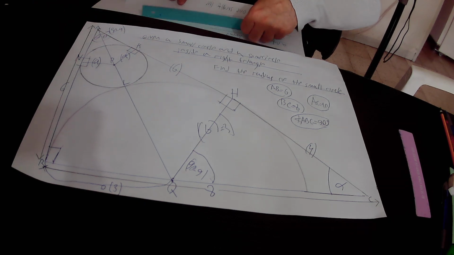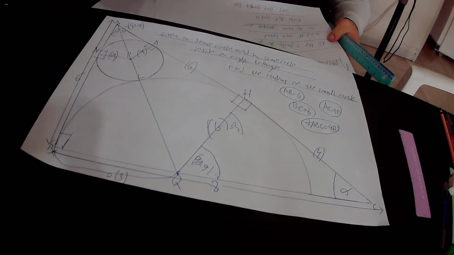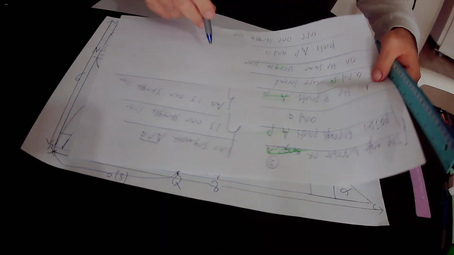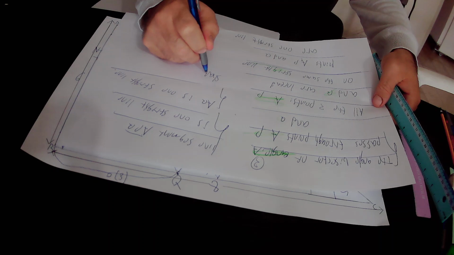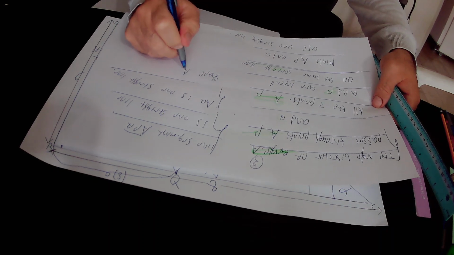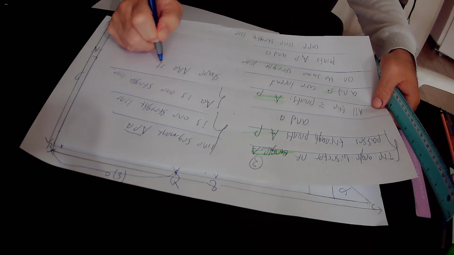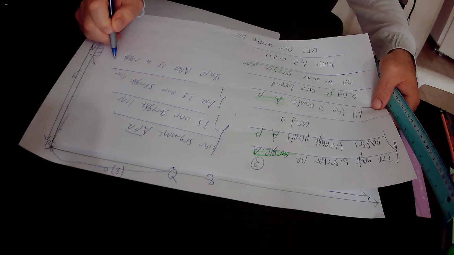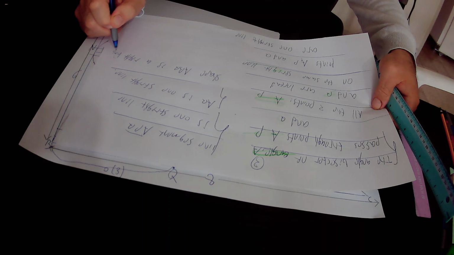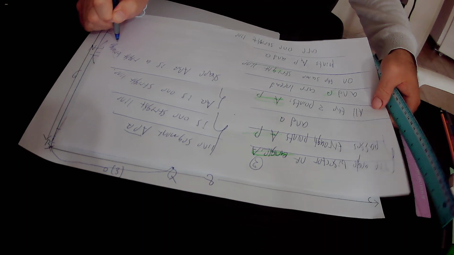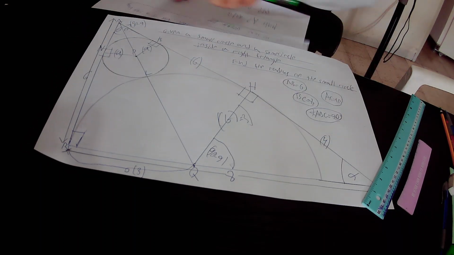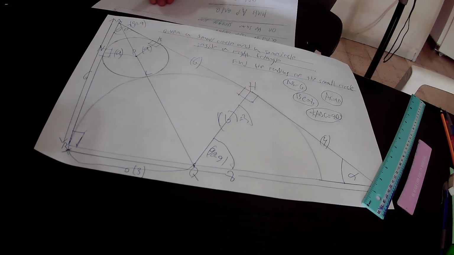So write it down. In conclusion, we found out that this angle ABQ is a right angle. Because AQ is a straight line, therefore angle ABQ is a right angle.